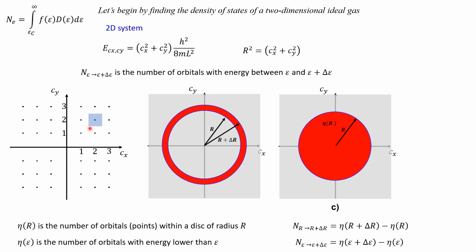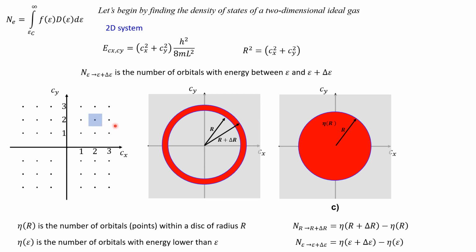But the area of this little square is 1, because the side of the square is 1, since the distance of each orbital to each other is 1. So if I place another square of side 1 here, I'm going to have 0.5 plus 0.5, so the squares will connect.